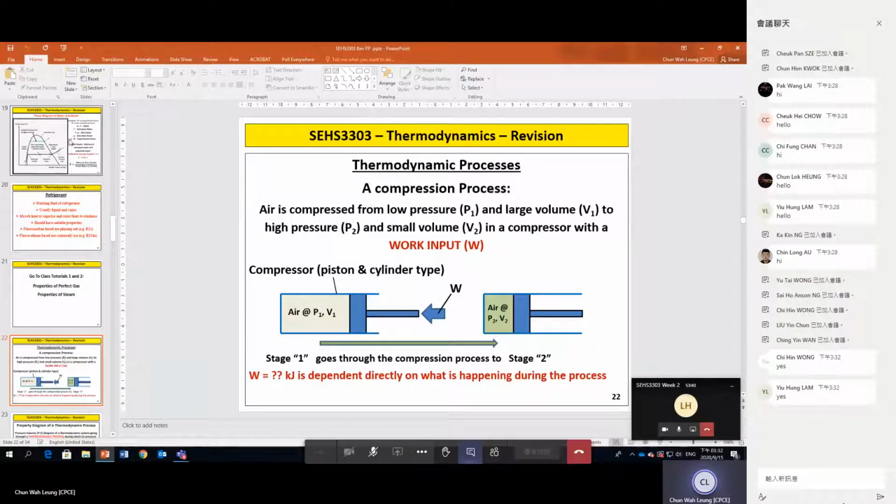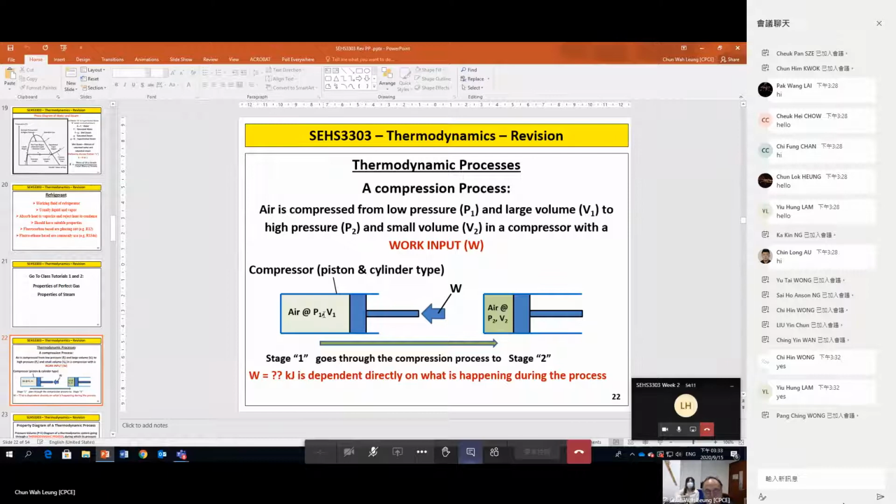So therefore, let us assume that we have some working fluid, let's say air. Now, the air is kept at the initial pressure P1 and the initial volume V1, right? Assume that P1 is a low pressure, for example atmospheric, and V1 is a very big volume.